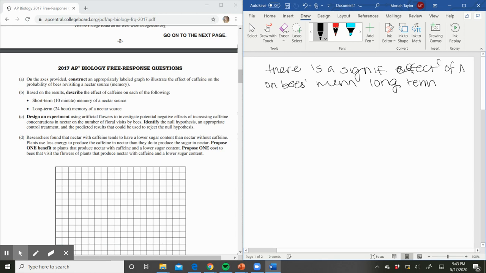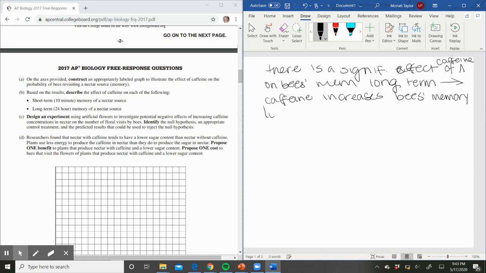Make sure that you specify of caffeine. And then say caffeine increases bees' memory long term.